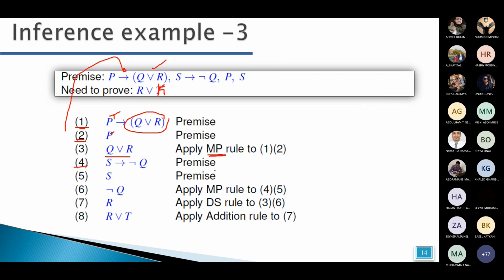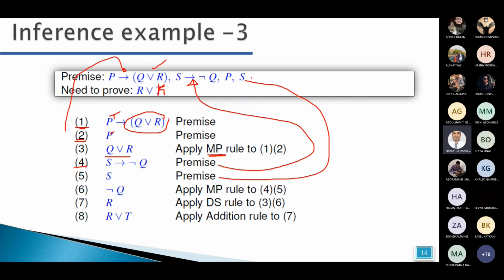Okay. The premises given to you here: S implies not Q, and this premise, which is S. So from S and S implies not Q, we can get not Q using the modus ponens rule. We use this rule in statements 4 and 5.